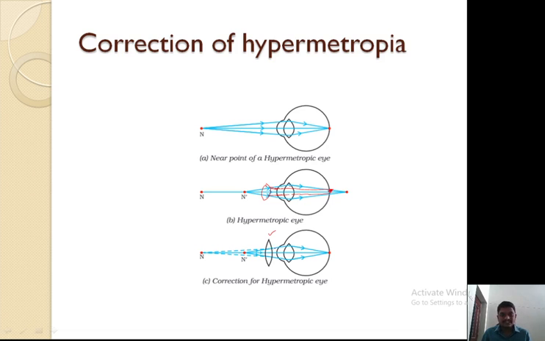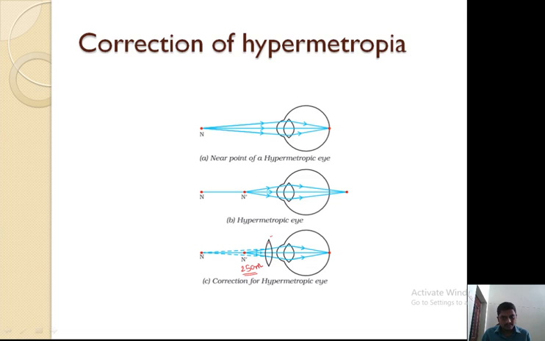In this way we can correct hypermetropia. Actually we are placing a textbook or any object at the normal near point of 25 centimeters, but the person cannot see it without any optical device. But when you place a convex lens, what happens?